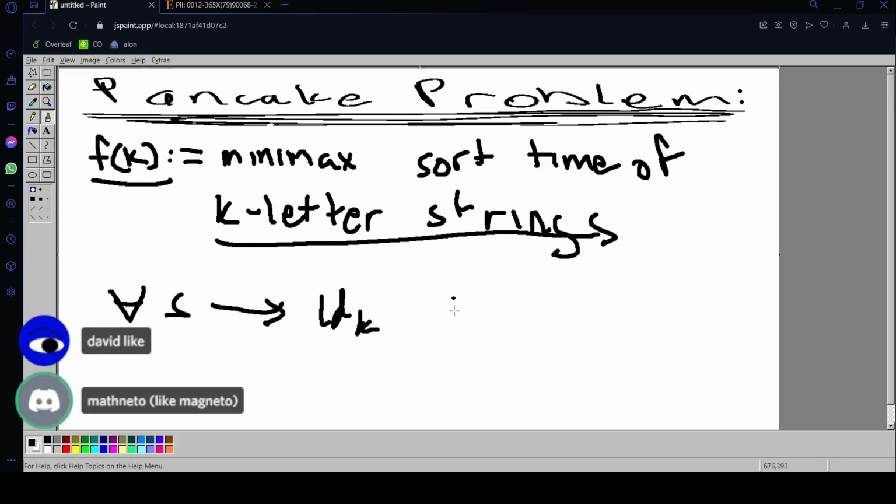Because we ultimately want to get any k-letter string back to 1, 2, to k in order.